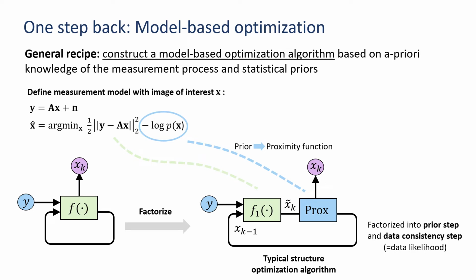We have this data consistency step in green, this F1, and we have a prox, which is a prior step. And the prior is dictating the proximity function, and that proximity function is part of that iterative optimization algorithm, which is still doing the exact same calculations every iteration, but its input changes every time. That's the output of the previous one.